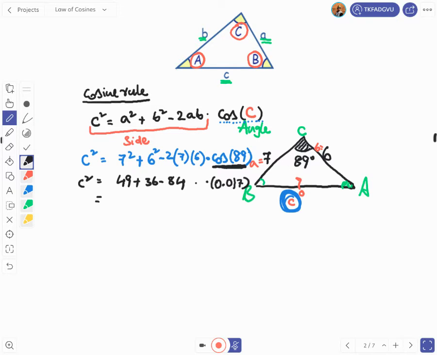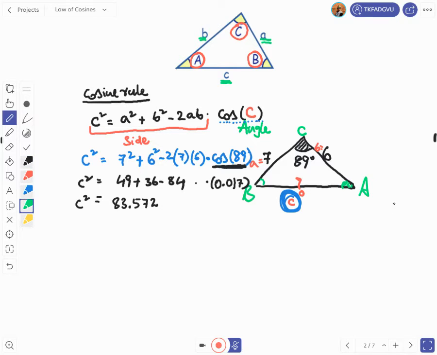Here I'm taking my calculator. 49 plus 36 minus 84 times 0.017. So I got 83.572. After the decimal, 2 digits are actually sufficient, but I'm taking 3. If you want, you also can take more.